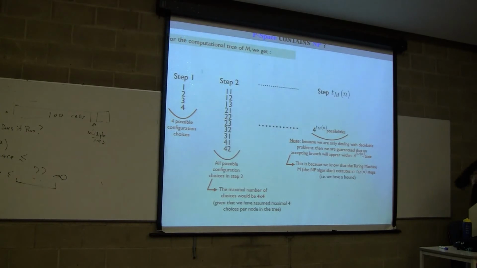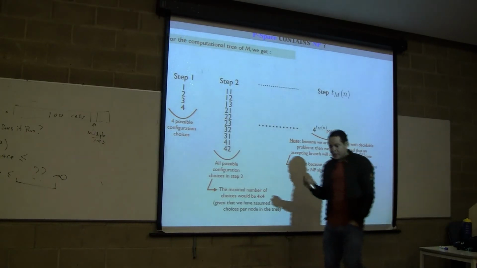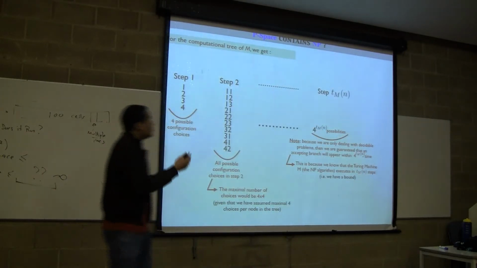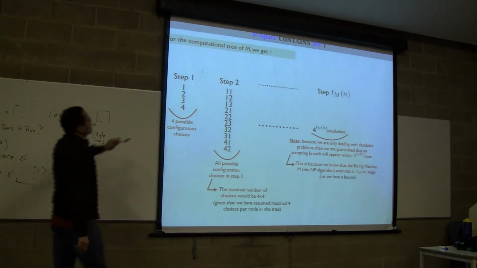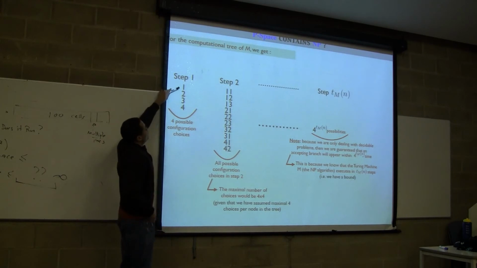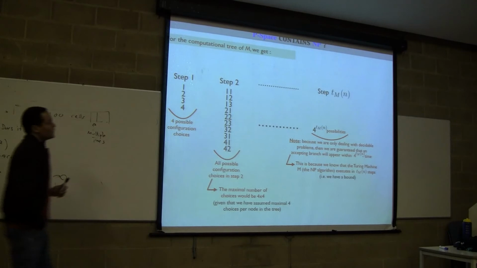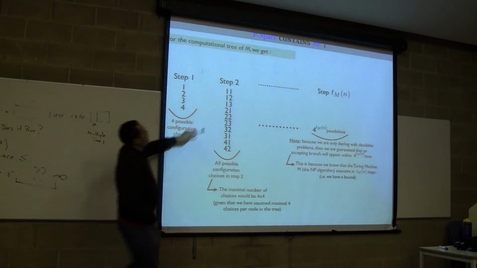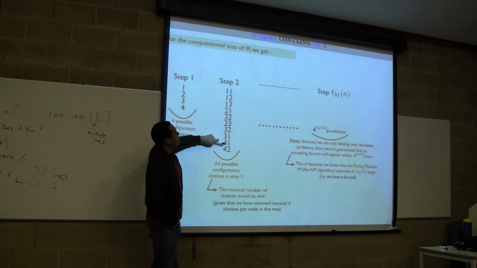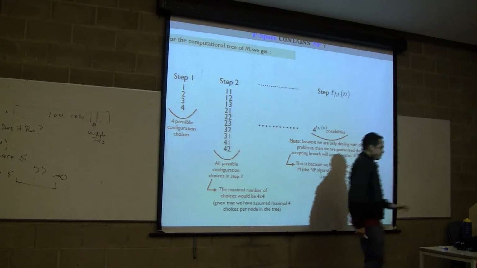Now, if you do the analysis, this is the typical analysis: in step 1, you have 4 possible configurations that you generate and place in tape 2, and for the next step, you generate the next possible configurations.